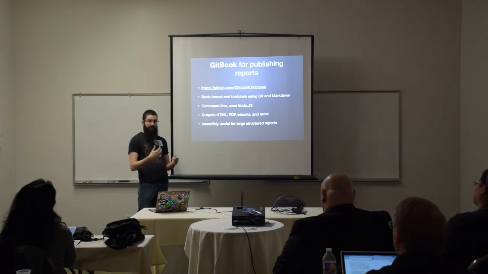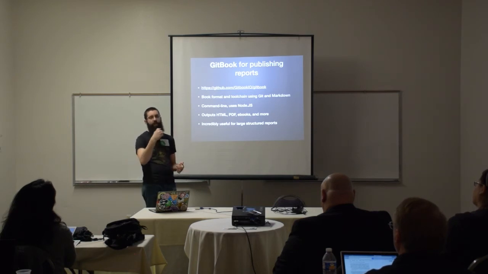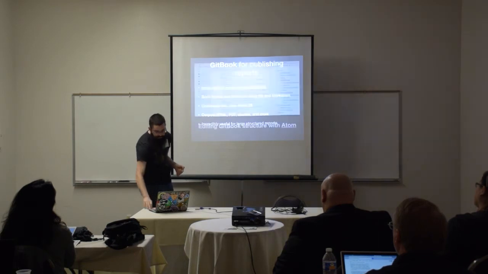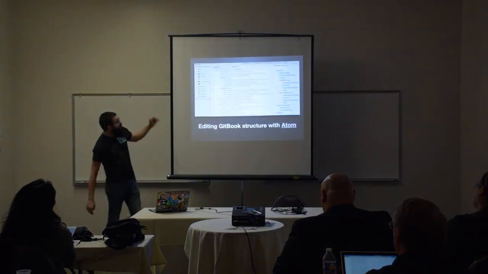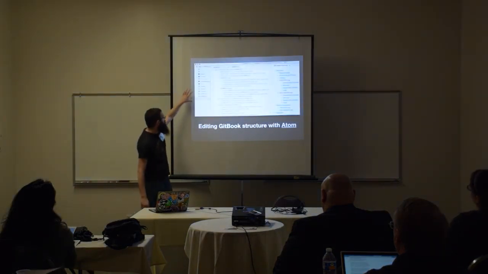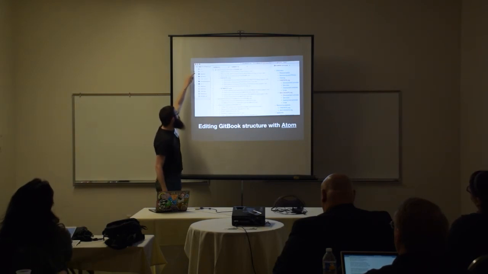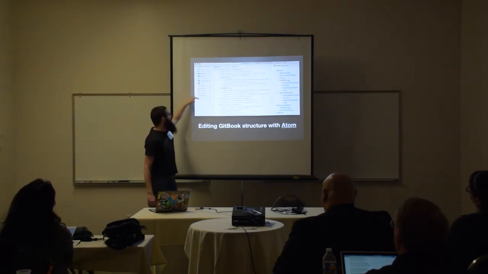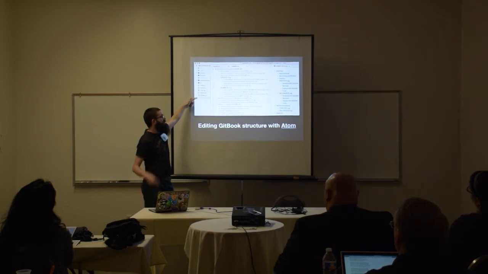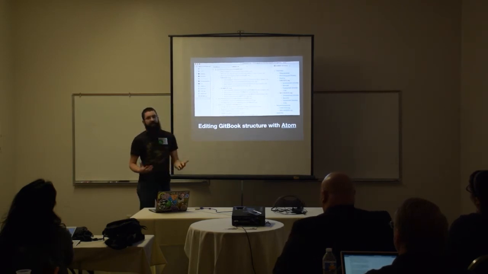I mentioned having an introduction, then the actionable recommendations, and then at the end an appendix, like one file per tool output, for example. So practically, this looks like using Atom. Here's the structure. Every Gitbook has a summary, which is basically the table of contents.